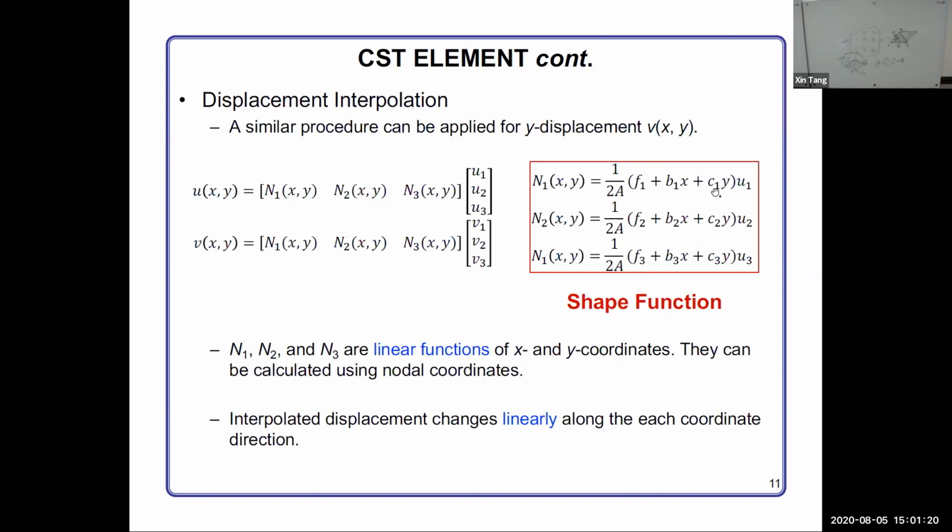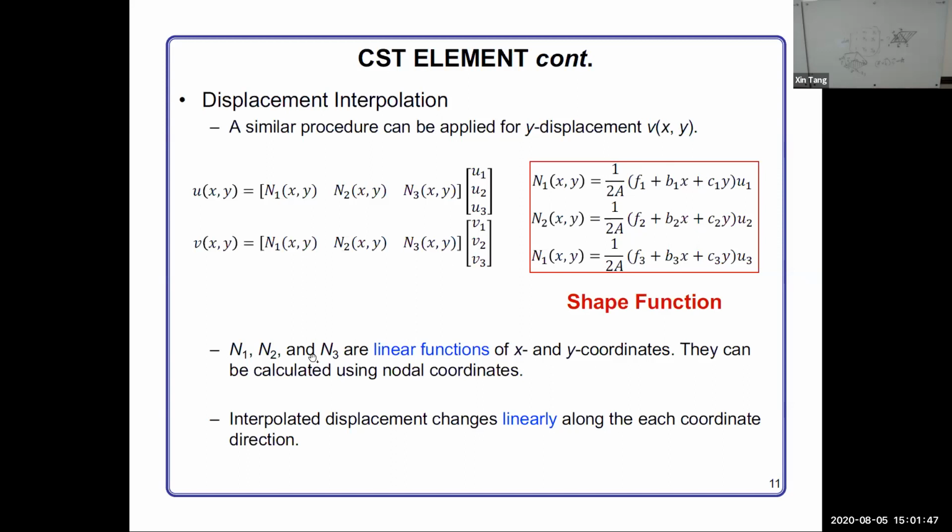They are all linear in X and Y, with a constant term. Depending on what kind of element you use, the shape function will change. Basically those shape functions determine how you fit the curve, how you do the interpolation to get the results not on the node, but in the element.